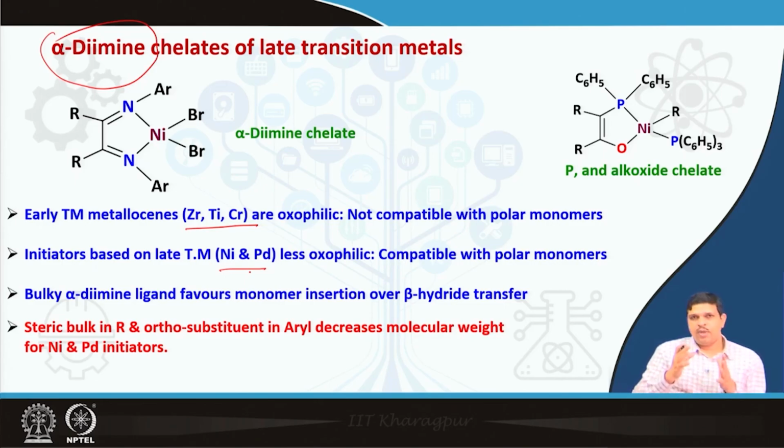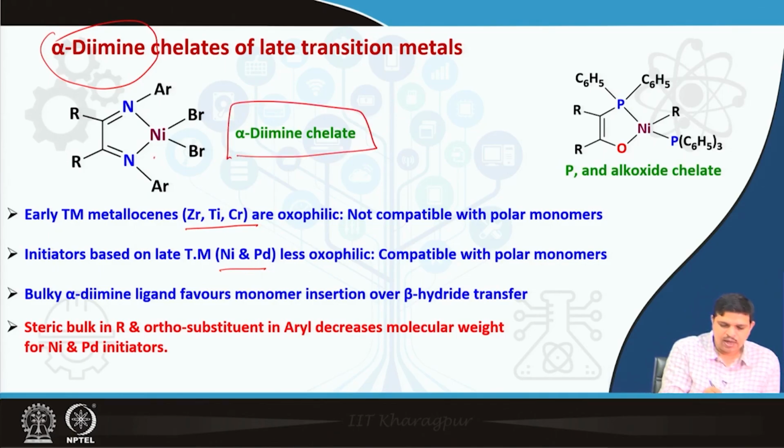So if we can make a similar catalyst with late transition metals such as nickel and palladium, it will be much more compatible with polar monomers, so that we can make block copolymers, or amphiphilic polymers, where there will be a non-polar block and a polar block, using polar and non-polar monomers. That will be very nice if we can make this kind of catalyst. So here you will see the alpha diimine chelate complexes, and here it is nickel.